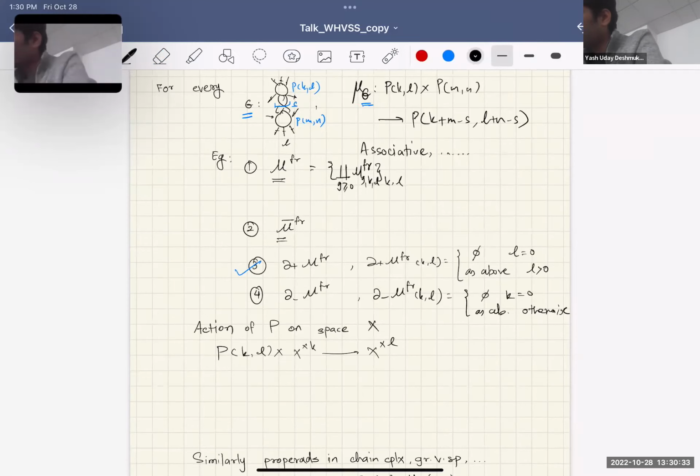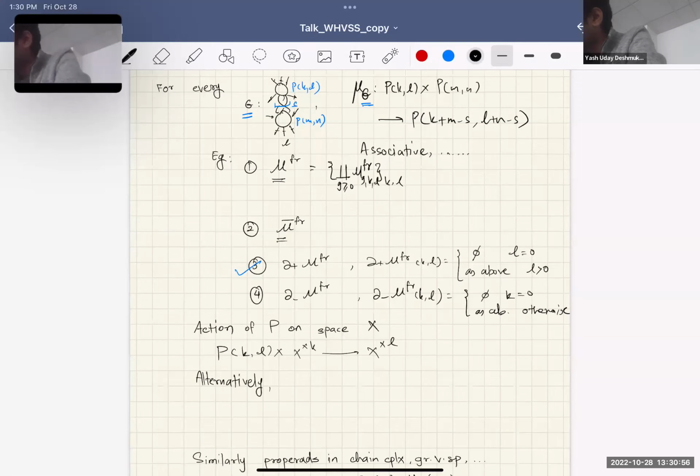So you take an operation in P and you take k inputs from X, then the action is supposed to give you l outputs in X. This is what an action of a properad means. And of course, these maps are supposed to be compatible with compositions in P.